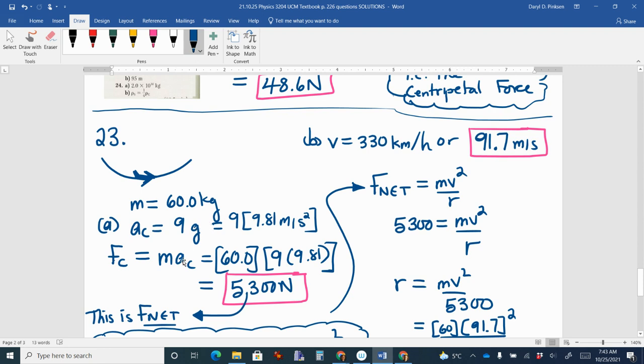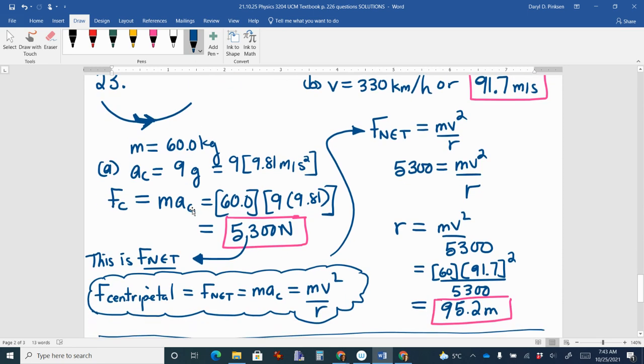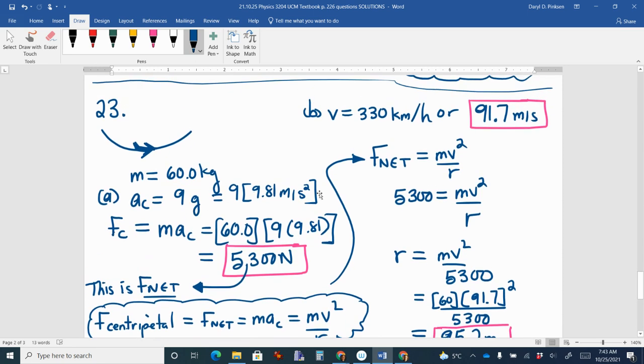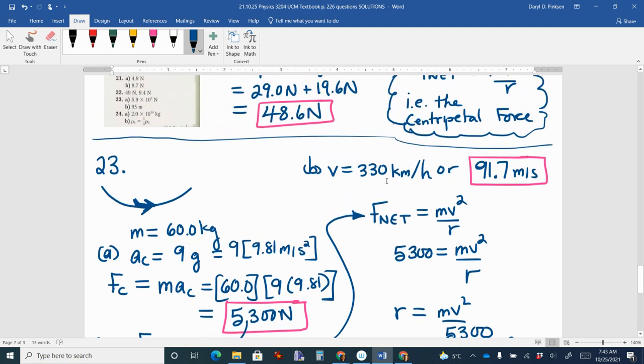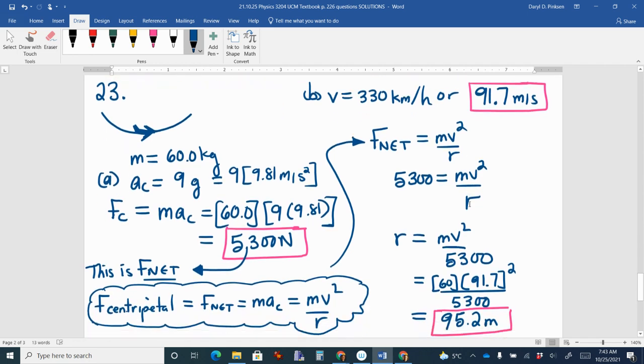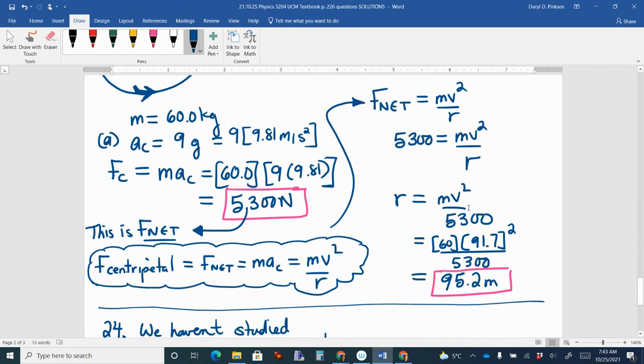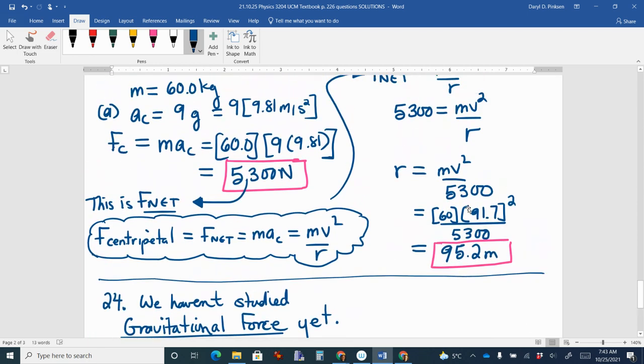So that means that the acceleration is 9 g's, 9 times 9.81. And the centripetal force would be 5,300 newtons with 9 g's. So here now we have our F net is mv squared over r and 95.2 meters. And then 24 we haven't done yet.